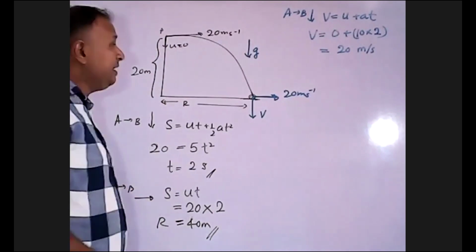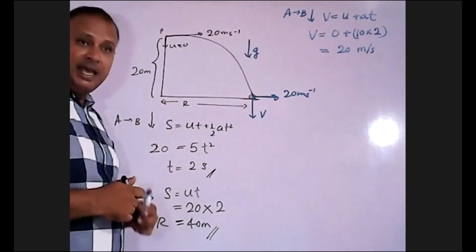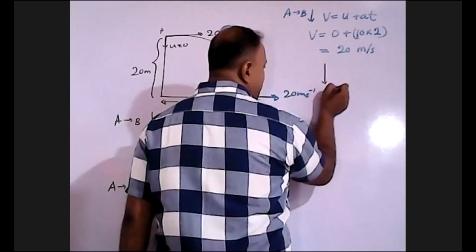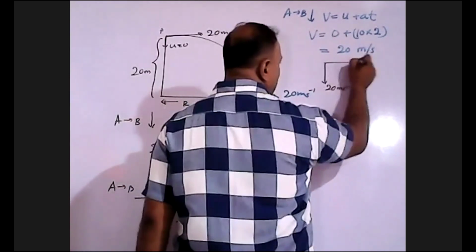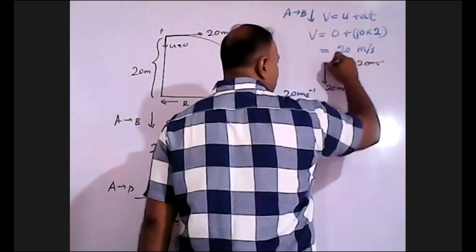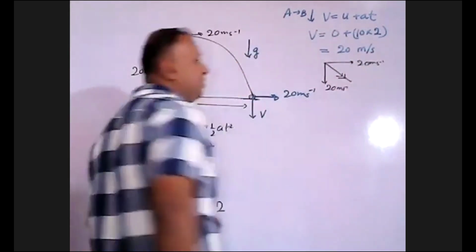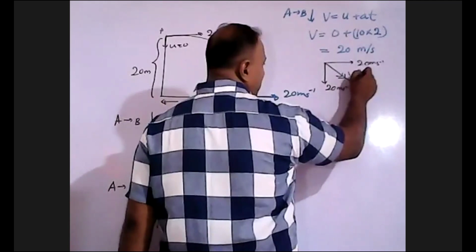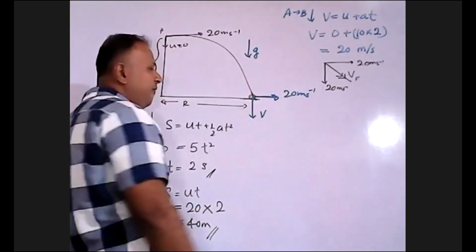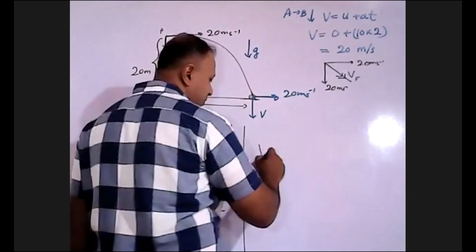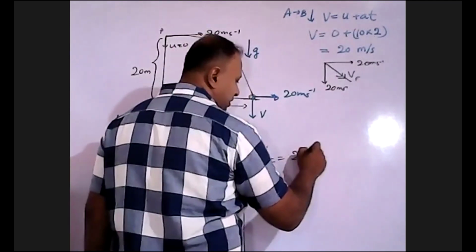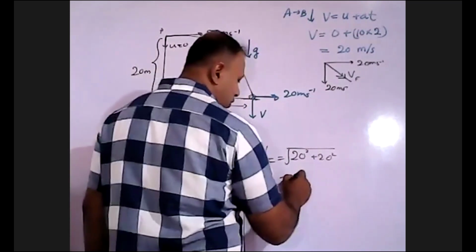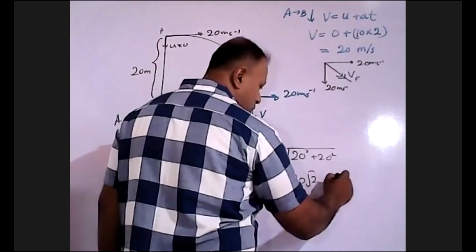Therefore, the final resultant velocity: in this direction we have 20 m/s, and in the other direction 20 m/s. Therefore, the resultant of these two, let's say VF, is the square root of 20 square plus 20 square, that is 20 root 2 m/s.